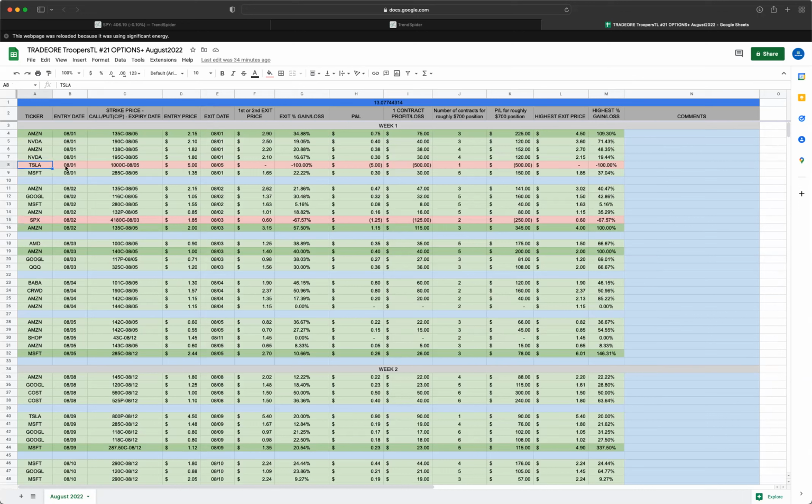Tesla was the only trade that didn't fail, and as usual, I made a mistake and didn't have a stop loss in place, and you'll see this mistake repeated a lot this month, partly because I was traveling. I'm used to managing my position very, very actively.